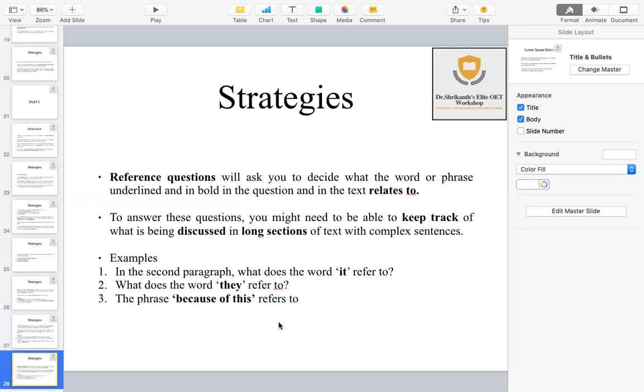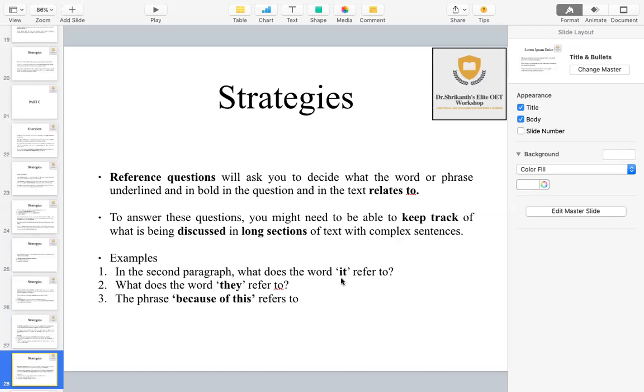Obviously, when we are using pronouns, you're just discussing something that has already been discussed. So the word "it" comes after that specific thing has already been discussed. So this information precedes the word "it" in the paragraph.